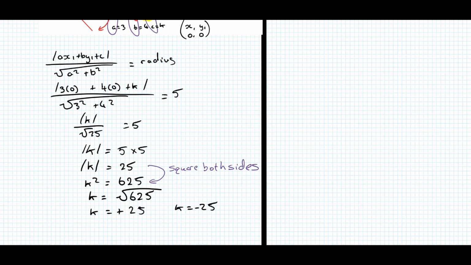What I haven't done, but should have done, is it asked for the equations. So I should be saying 3x plus 4y plus 25 is equal to 0, and 3x plus 4y minus 25 is equal to 0. Finish it off with the two equations at the end.